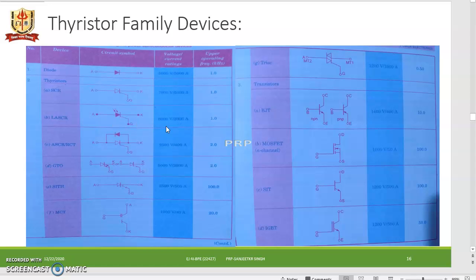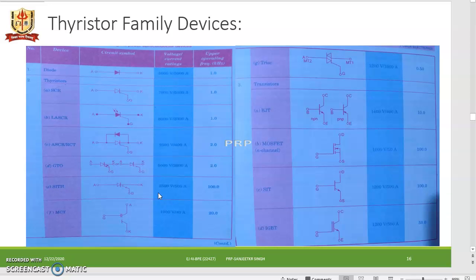LASCR: 6000 volt with 3000 ampere current and 1 kilohertz of frequency. Reverse conducting or asymmetrical SCR: 2500 volts and 400 ampere of current with operating frequency increased to 2 kilohertz. Gate turn off thyristor can be operated at 2 kilohertz with a voltage rating of 5000 volt and 3000 ampere of current rating.